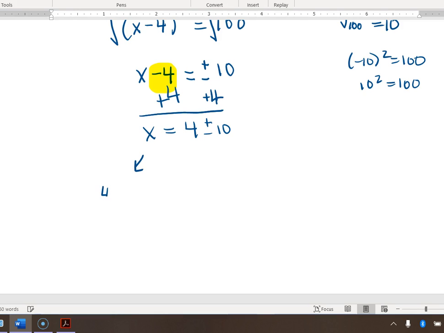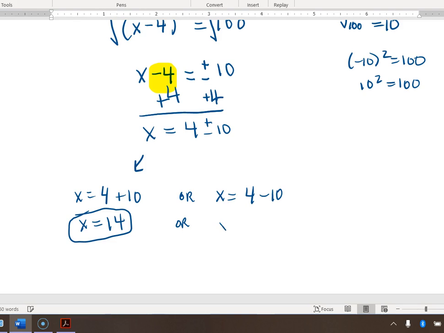So we have x is equal to 4 plus 10, or x is equal to 4 minus 10. Let's just do some quick addition here. x is equal to 14 would be one answer. And x is equal to negative 6. And that would be my final simplifying.